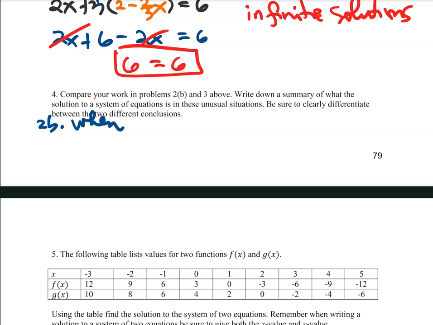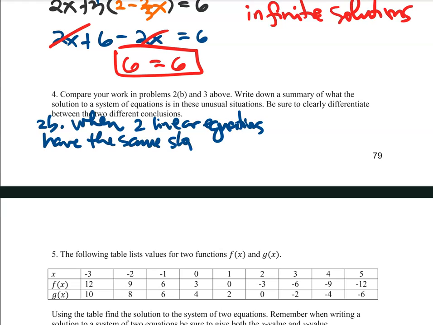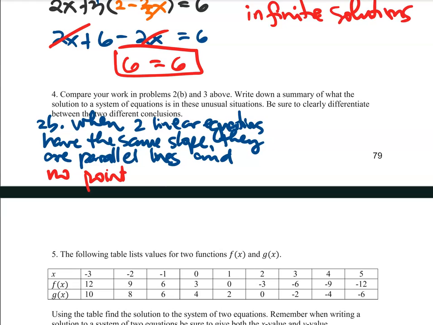So when two linear equations have the same slope and different y-intercept, they are parallel lines and have no point of intersection.